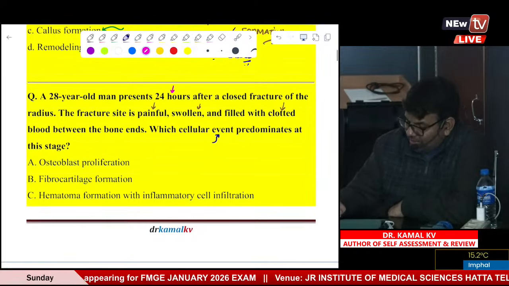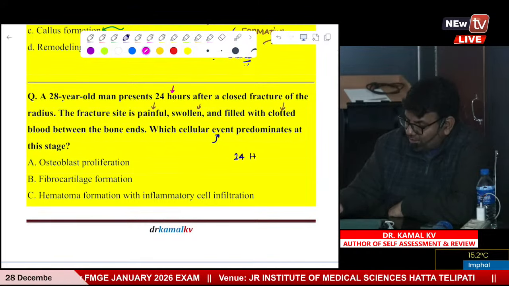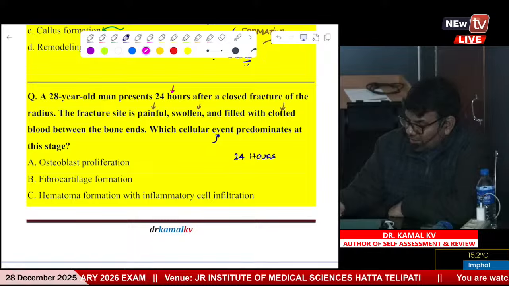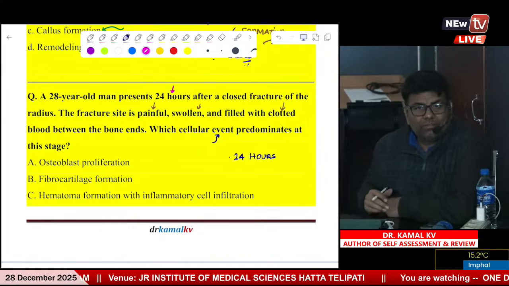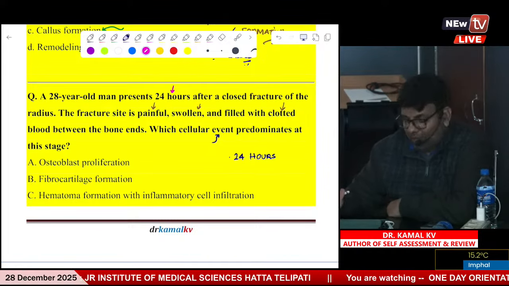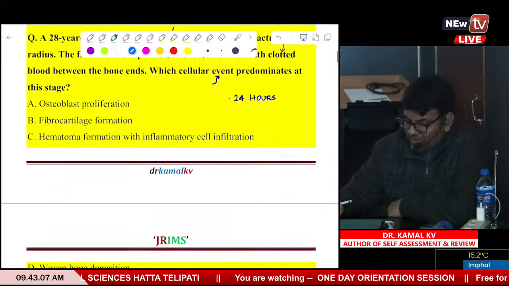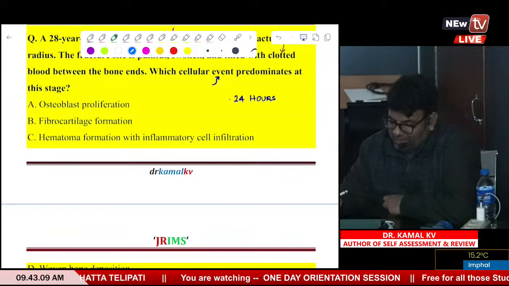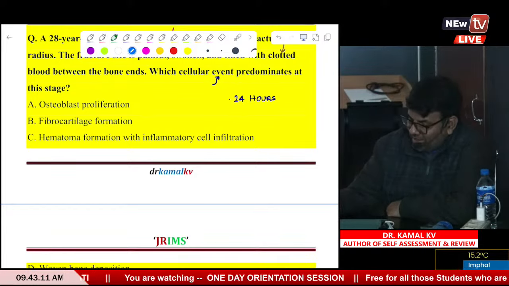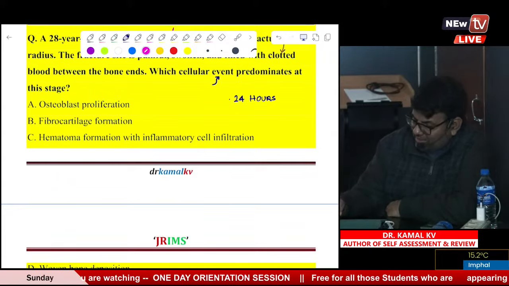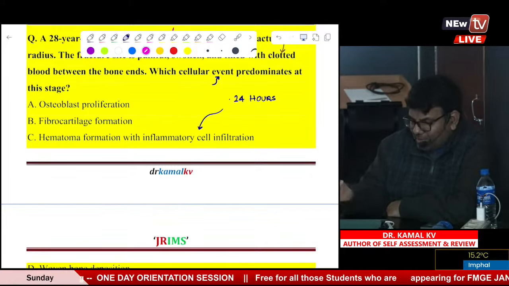So I think the time given is 24 hours. And which stage you can expect at this moment of time? Yes? What you can expect here? Very good. Yes, this is hematoma.